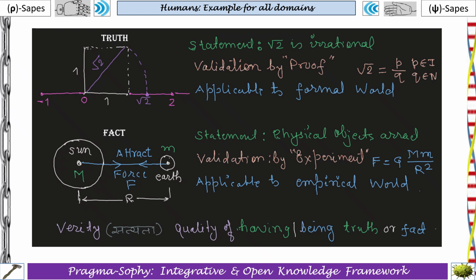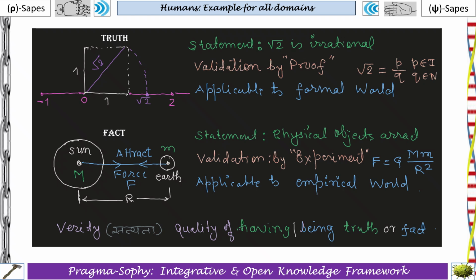Today, we are going to explore the fundamental approaches to establishing verity, one for the formal world and another for the physical world around us. Let's start with the world of mathematics, the formal world.